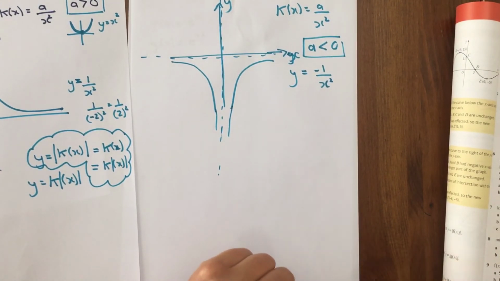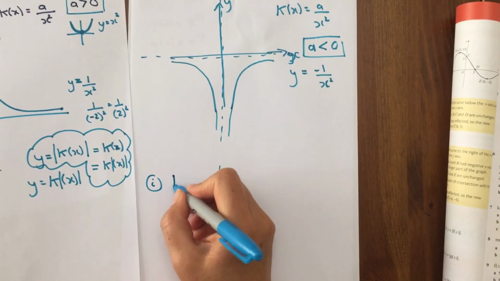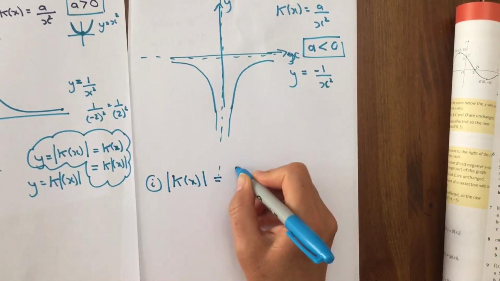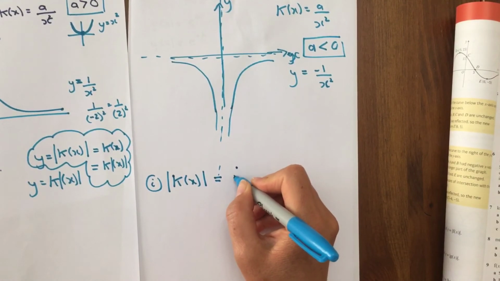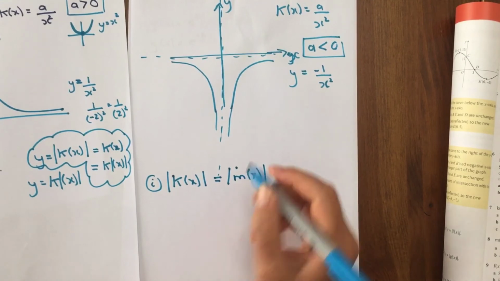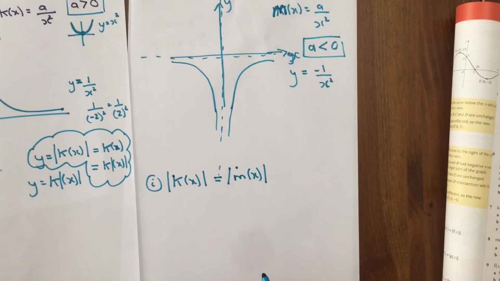Right, next question. State with a reason whether the following statements are true or false. So statement 1. Is this true or false? Sorry, this is m. Right, so is the modulus of k of x the same as the modulus of m of x?